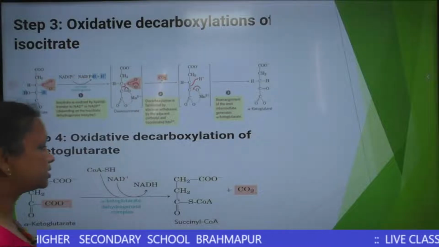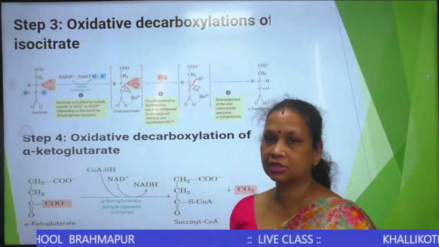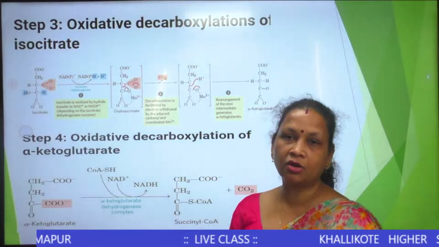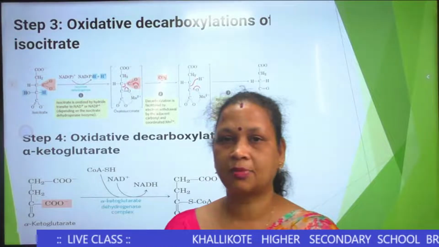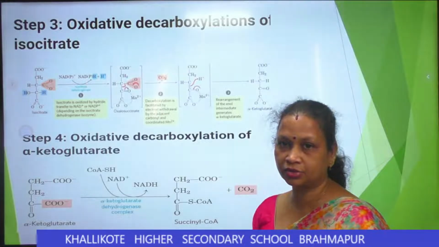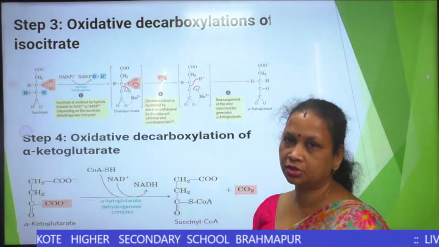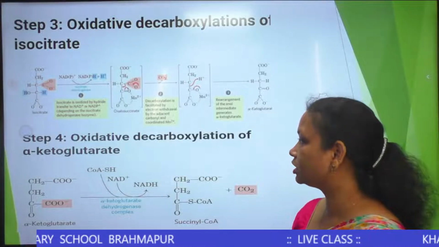What happens during oxidative decarboxylation is there will be removal of one molecule of carbon dioxide, which is decarboxylation process. There will be also removal of hydrogen, which is the oxidation process. So it will be oxidative decarboxylation process.